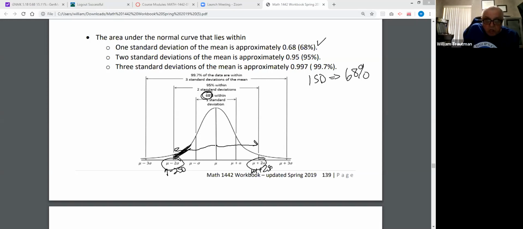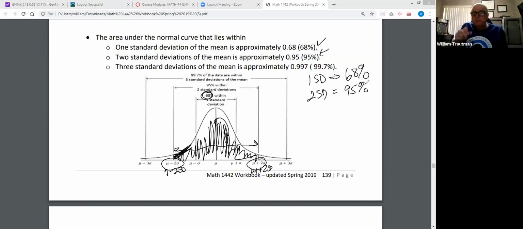All of this underneath the curve is 2 standard deviations. 2 standard deviations is 95% of the curve shaded in. So when they say the normal rule, what percent is shaded, 2 standard deviations, it's 95%.